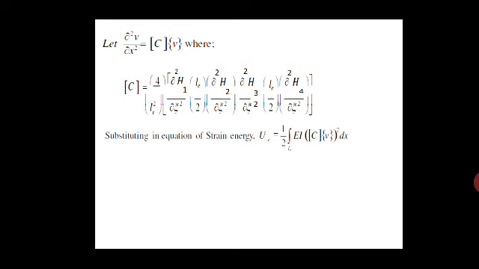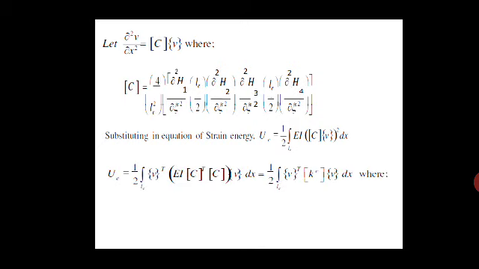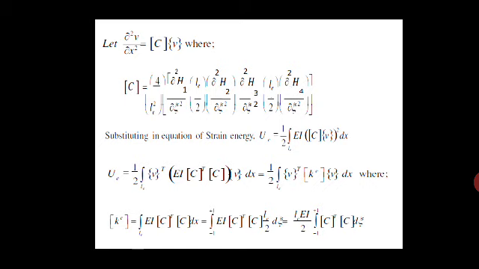Substituting the above equation in equation 1, we get the strain energy equation as 1 by 2 integral of Le of vector V transpose into EI C transpose into C matrix C into vector V dx, or we can even write it as 1 by 2 integral of V transpose into Ke into vector V dx, where Ke is equal to integral of EI into C transpose into C dx.